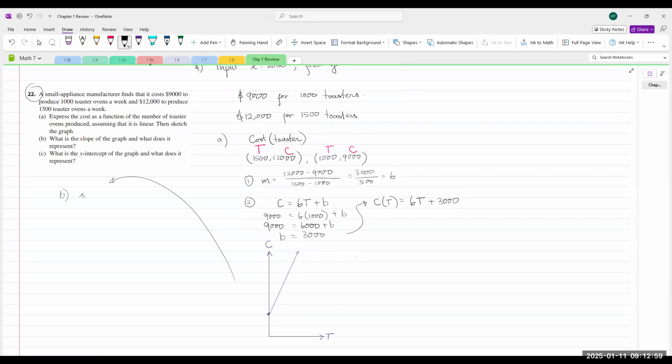Now part B, I continue here. The slope is 6 and that represents the cost of producing each toaster, each additional toaster, I should say.